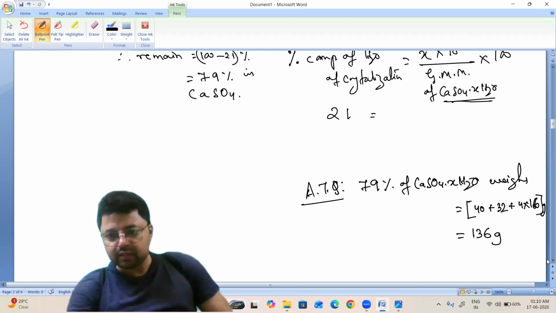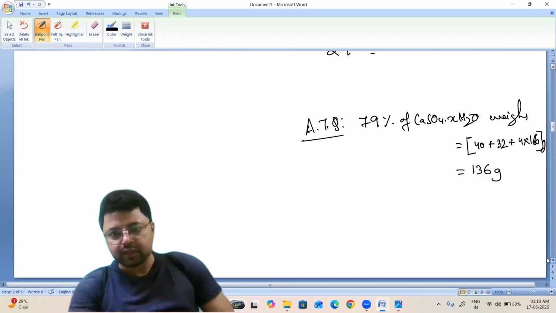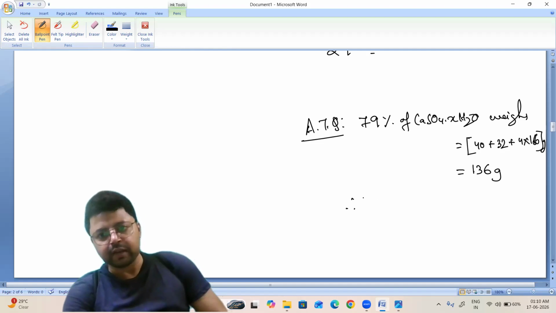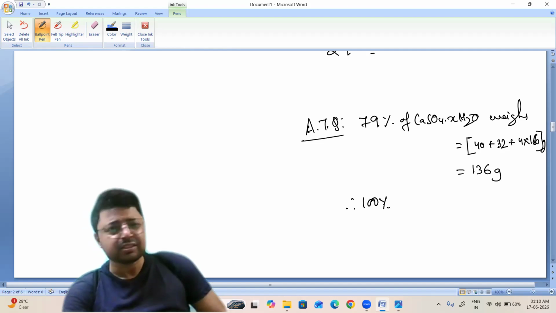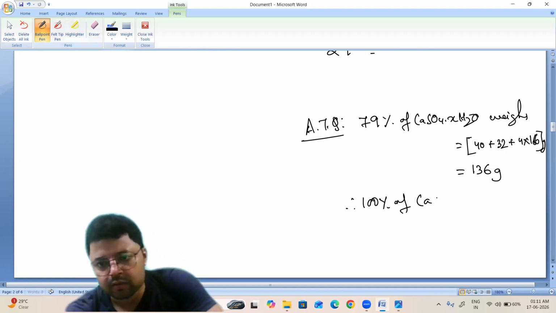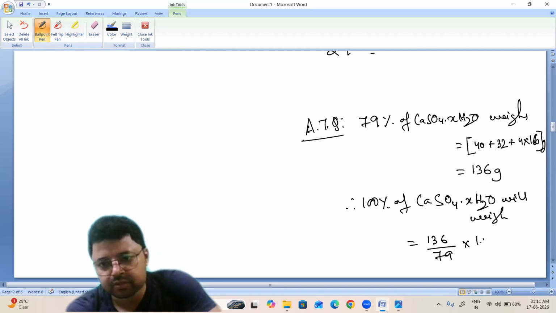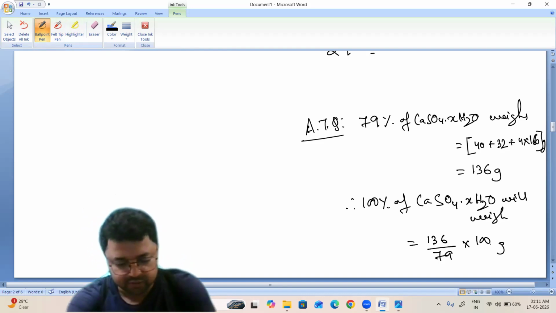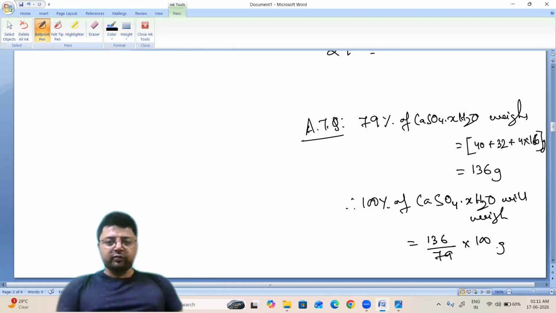So if 79% weighs 136 grams, therefore you will write, for 100%, just the unitary method: CaSO4·XH2O will weigh 136 divided by 79 times 100 grams.